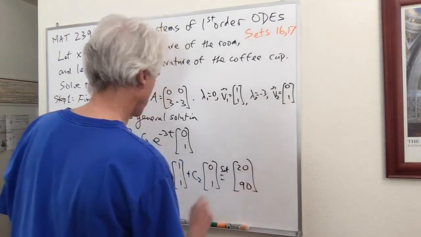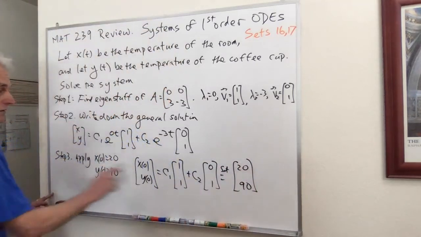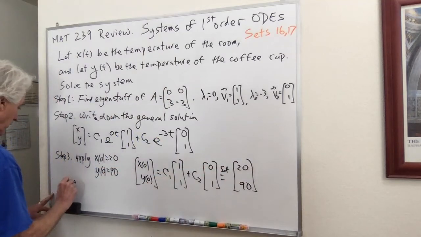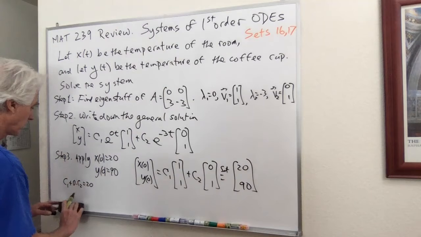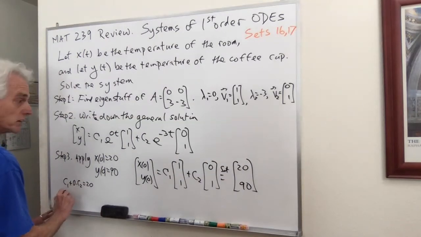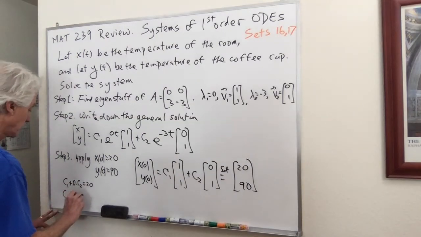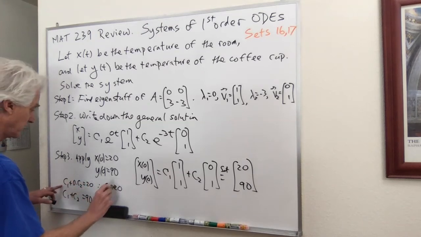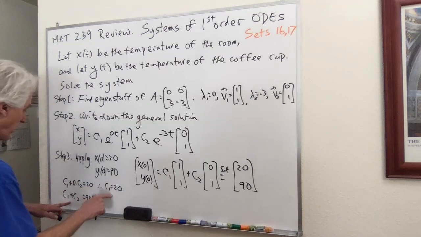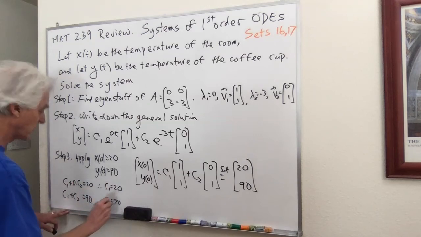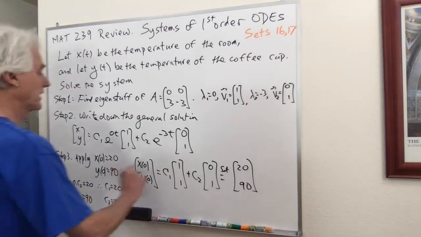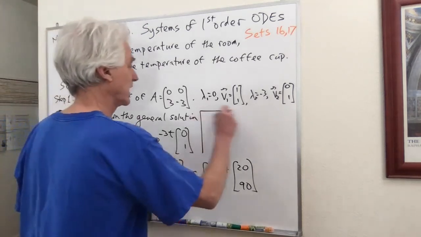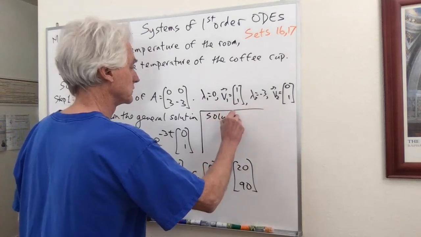We get 2 equations and 2 unknowns. C1 plus 0 times C2 is 20, and then C1 plus C2 is 90. So this says that C1 is 20. Combined, this one says that C2 is 70.